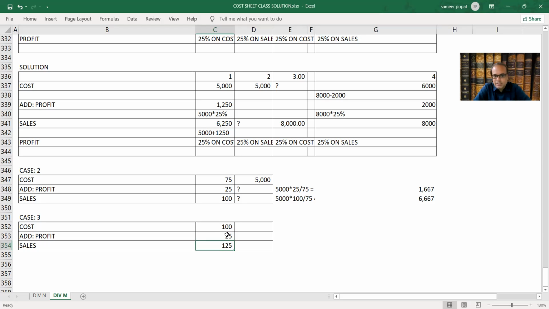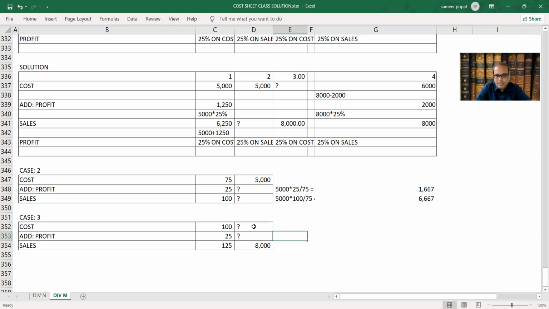Now out of these three, 8,000 is given. So 8,000 is sales, and it would represent 125. So how much is 100 and how much is 25? That we need to find.